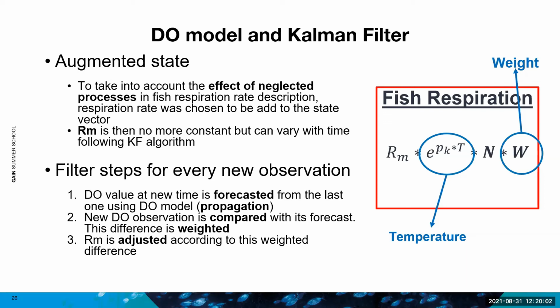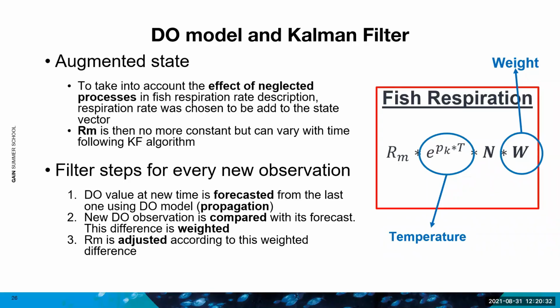So the filter steps, for every new observation. Every time we had a new dissolved oxygen value available, we forecasted the corresponding value from our model using the last forecast, and this is the propagation.